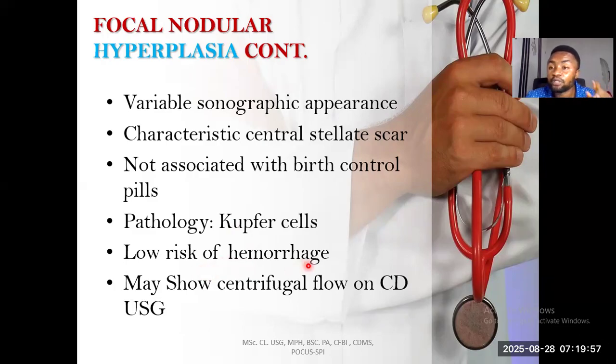Low risk of hemorrhage because it's not known to rupture. They show centrifugal flow on color Doppler interrogation. Centrifugal means what? I taught you last week or last 2 weeks. Is it moving towards the liver or moving away from the liver?